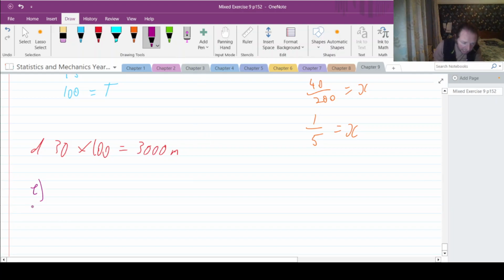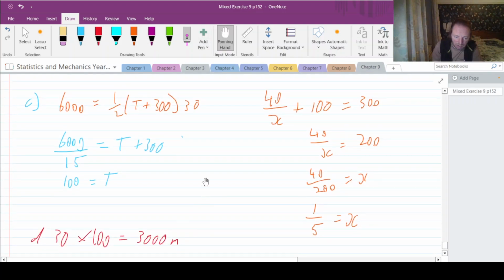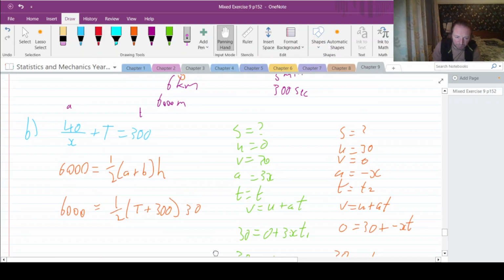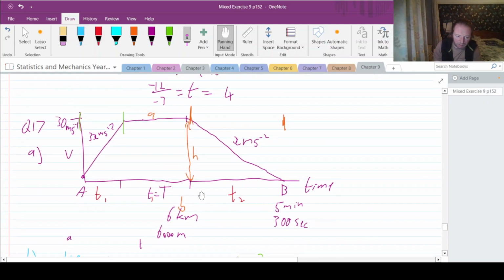And now finally E, calculate the time taken from leaving A until reaching the point halfway between the stations. Now, the point halfway between the stations is going to be 3,000 meters. So what we really need to know is the distance that we've got for the green section here.